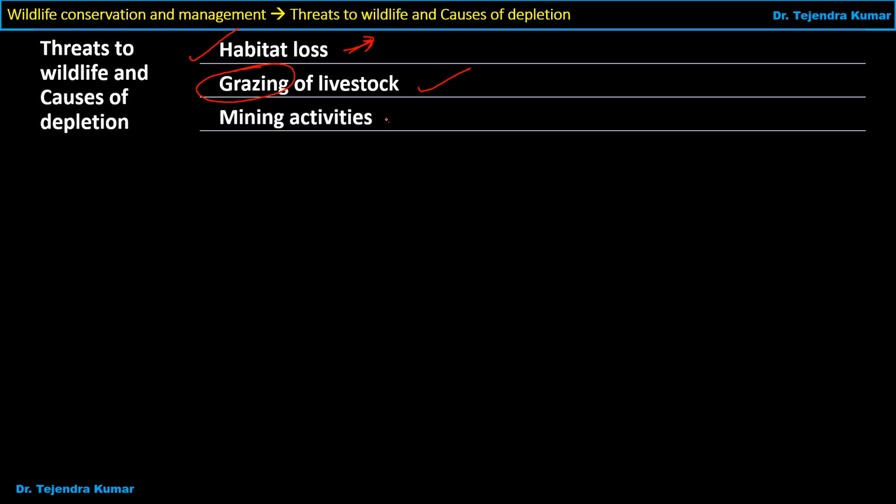Next is the mining activity. If you see the mining activity, we have seen that lots of areas always have mining activities going on, and therefore the earth has lots of ditches.